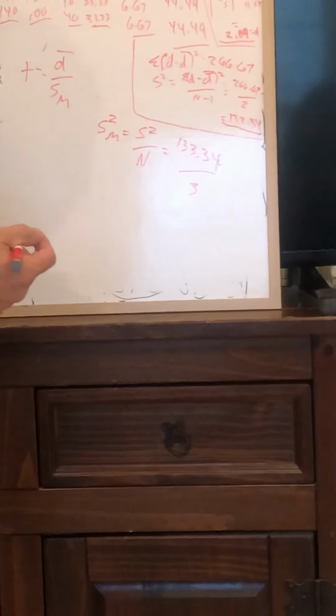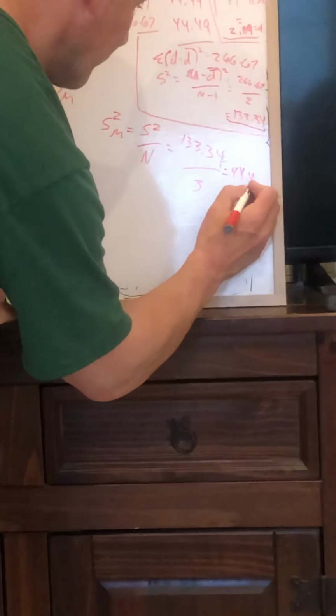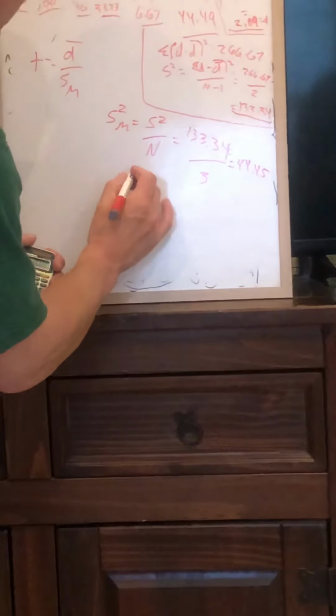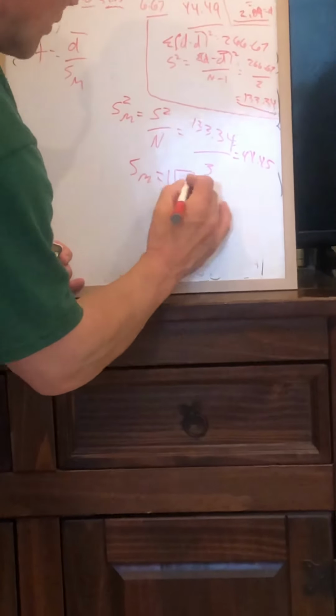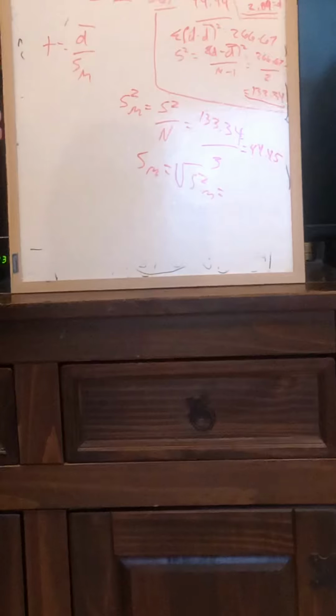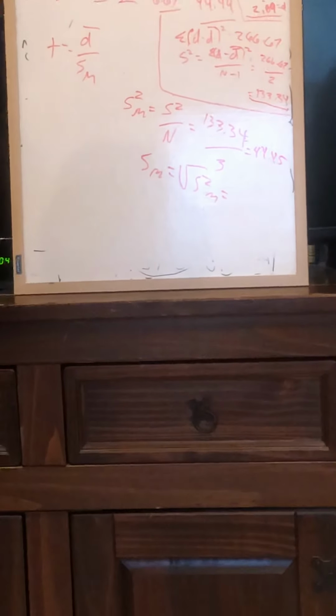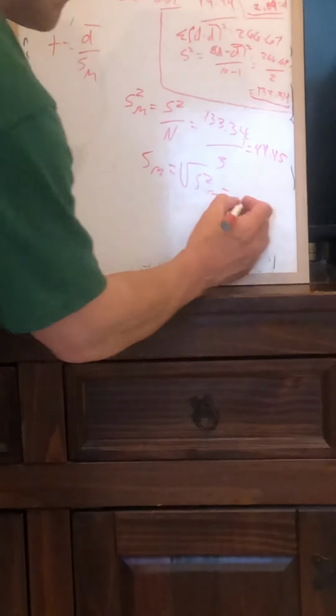We're going to put that at 44.45, and thereby S sub m is the square root of S square sub m, which is 6.67.